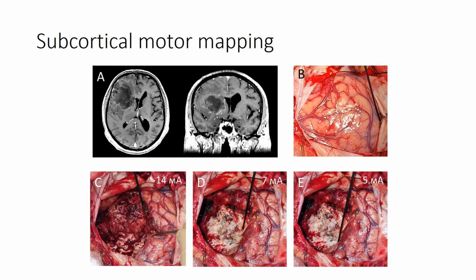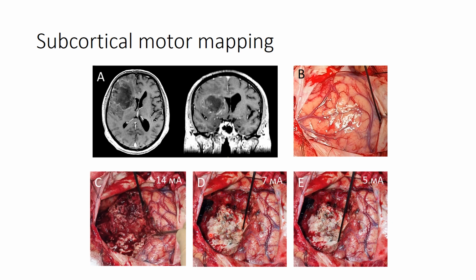Subcortical mapping is rarely used in epilepsy surgery. It's mainly because we remove cortex in epilepsy surgery. This is a tumor case I'm showing you. The idea here is that in different stages of resection, we may acquire semi-quantitative information about the proximity of the pyramidal tract, the corticospinal tract, by stimulating different parts of the field.